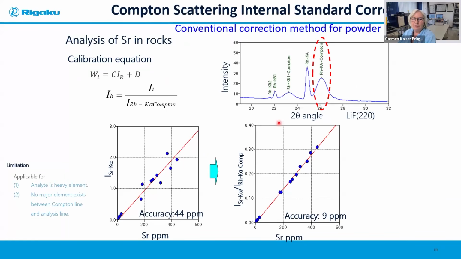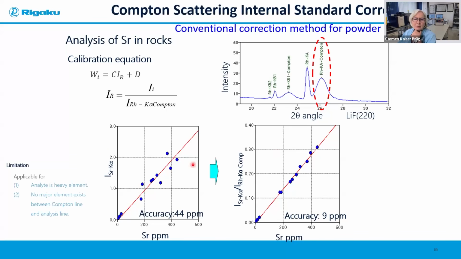So what is this ratio method? This is where we basically measure the Compton scattering line. This is the rhodium K alpha Compton line, and this will be measured on each and every standard, and it will be ratioed with the intensity of that particular analyte that we want to measure.